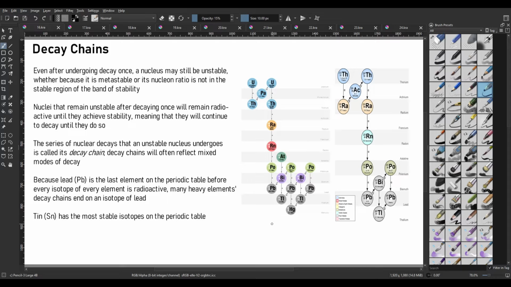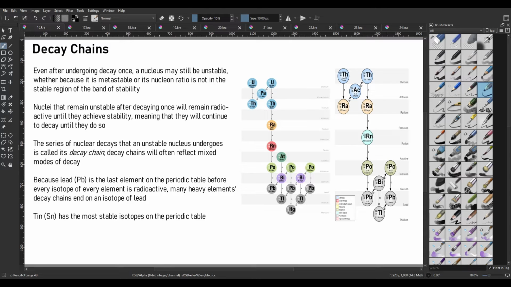Many heavy elements' decay chains end in an isotope of lead, which we do see here. Like on this one especially, uranium is going to decay a whole bunch. Down here it's going to get into this almost spiderweb looking thing. Lead is on here a couple different times, but then the final instance, everything is going to lead to this lead isotope, and I believe, I can't quite read it from here, it's a little bit blurry, but I believe that's lead-206.